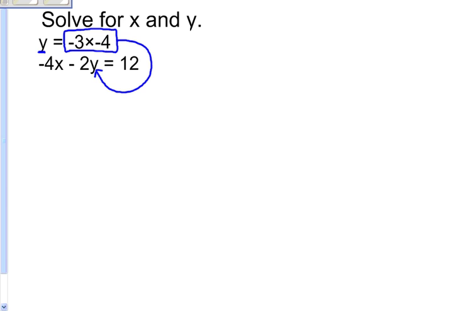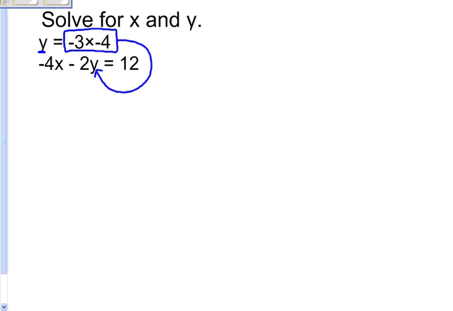They're the same thing. I know the confusion is usually, well, they don't look alike. Well, in the same way that the 4 quarters don't look like the dollar, we still know that they're equal to each other. So this y is equal to negative 3x minus 4, so I can substitute it in for the y in the bottom equation.